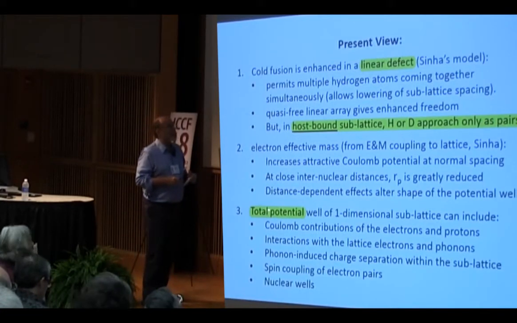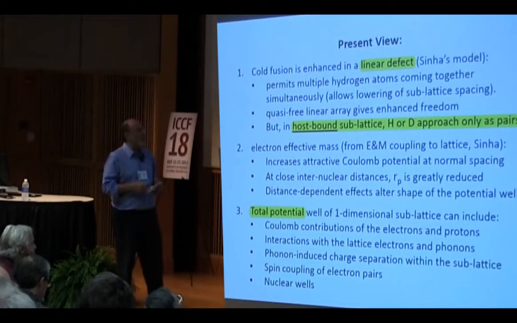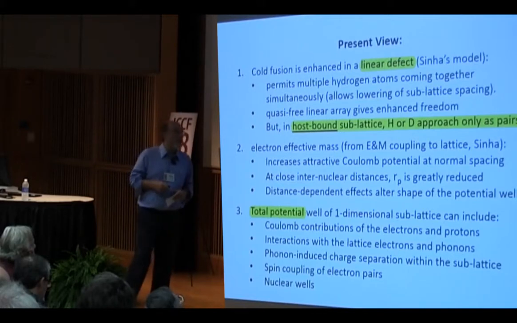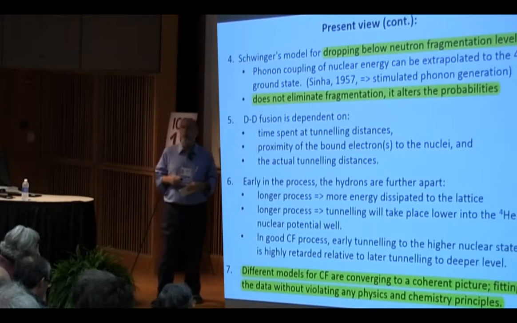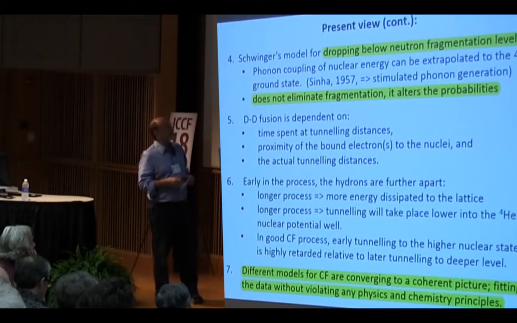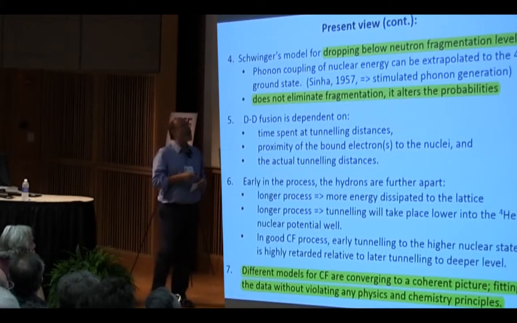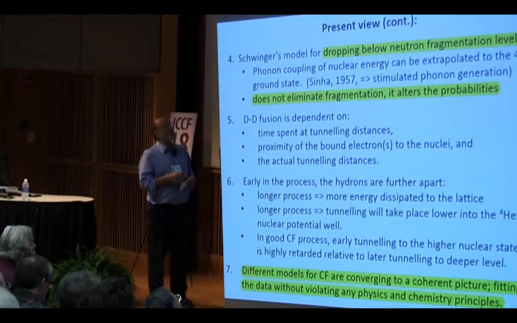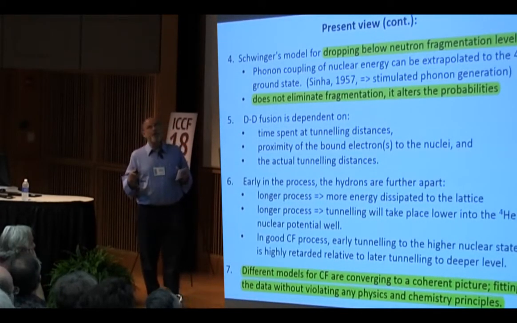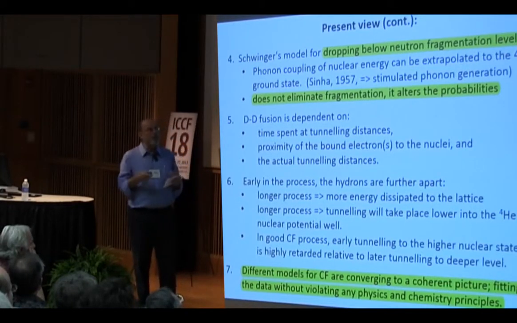Okay, then from Schwinger, we're really talking about the necessity of having a total potential well. And if you include that with the one-dimensional sublattice, this gives you a lot to play with. So the extended lattice model is a way of getting beneath the fragmentation level.